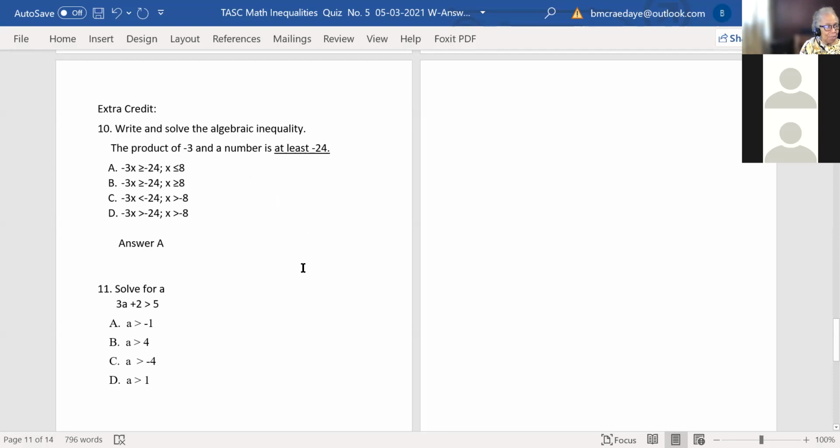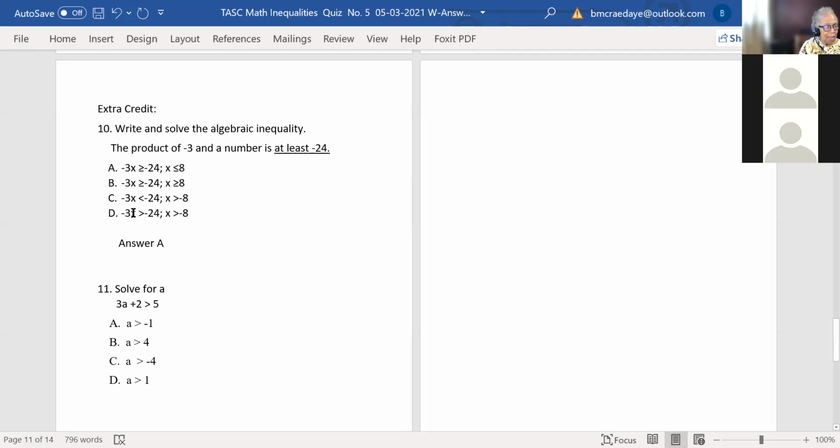Questions on number 10? Maureen, you picked C or D? Which one did you pick? I had put C. But remember, it says at least. That means greater than or equal to the negative 24. So it can only be A or B, because those are greater than or equal to.